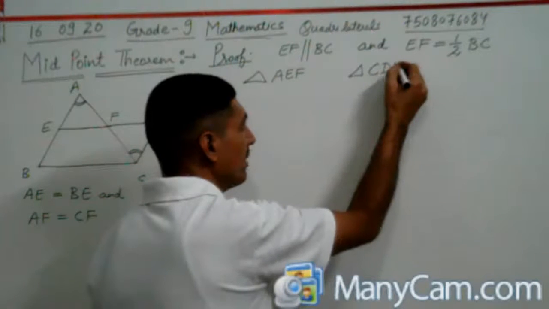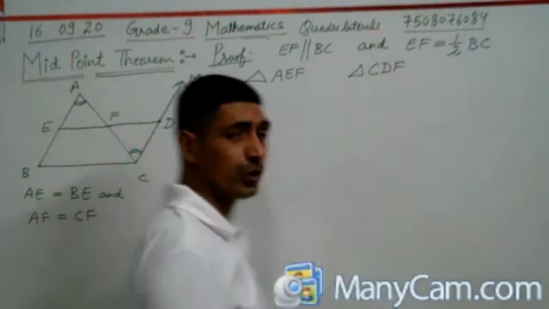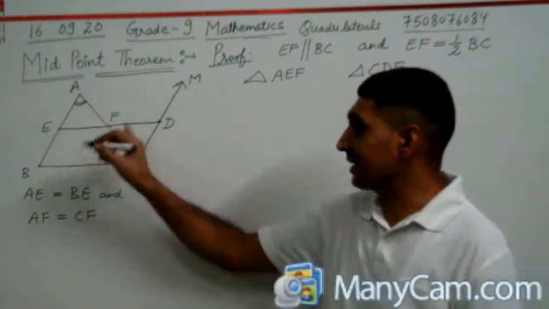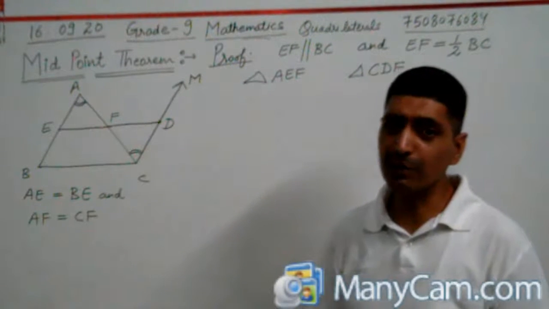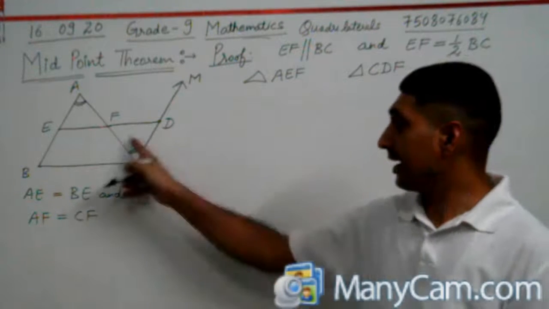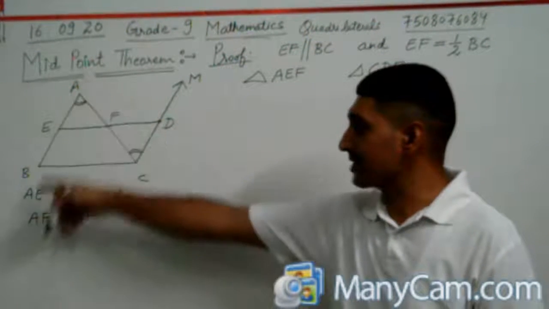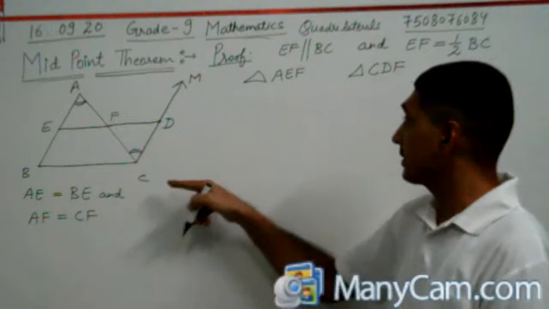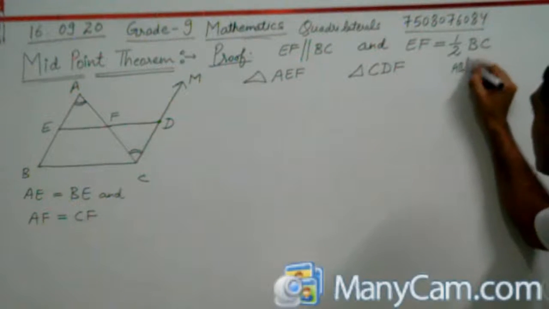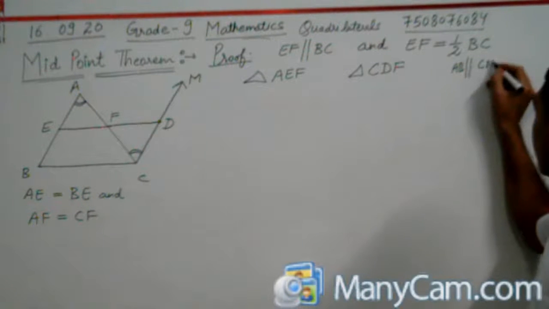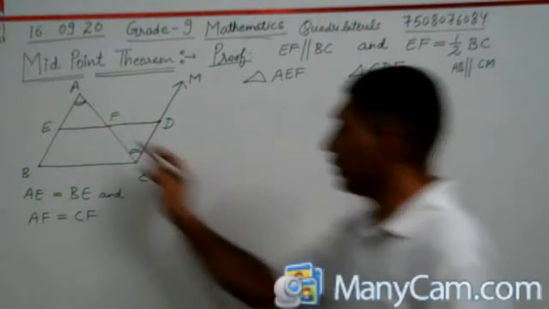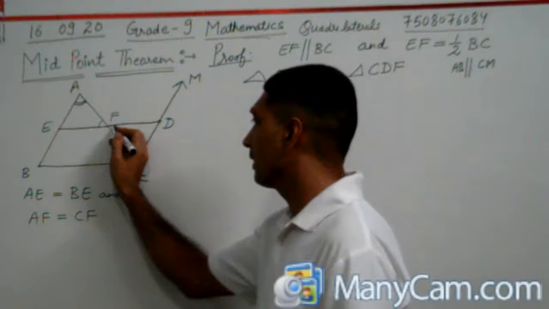Now we will prove these two triangles congruent. How? This angle, they are equal. Why are they equal? Because they are alternate angles. Why? Because AB is parallel to CM, by construction we have done, and these are vertically opposite angles.